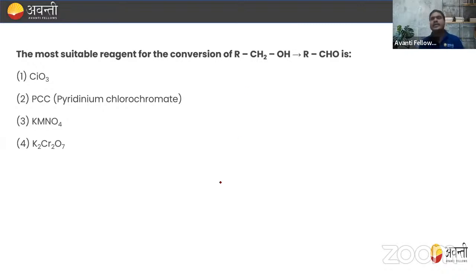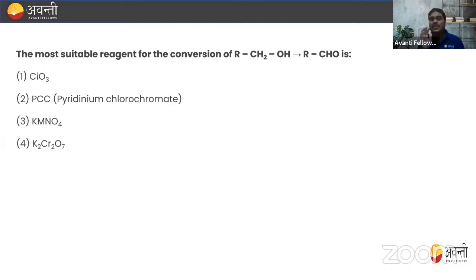Very good. So beta, I just told you whenever you oxidize alcohol, it converts into carboxylic acid when you use a reagent like K2Cr2O7 or KMnO4 or CrO3, right? Out of these three, anyone you use directly converts alcohol into carboxylic acid.